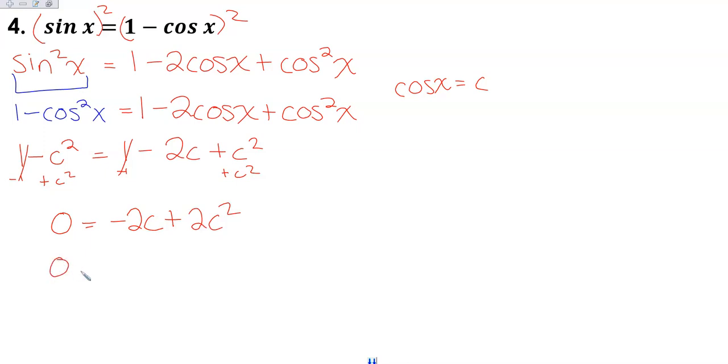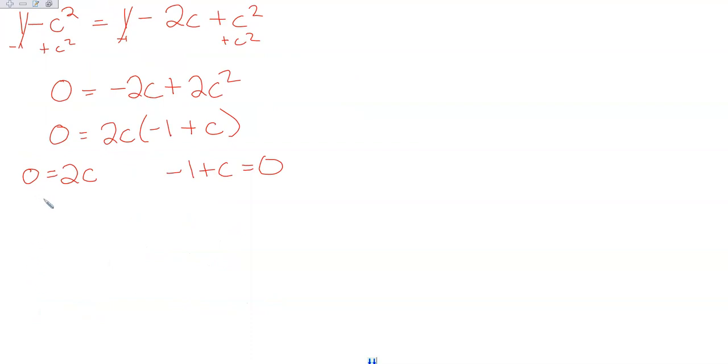All right, from here, we are going to factor out a 2c. So this is going to give me negative 1 plus c. And I'm going to set each one equal to 0. So I'm going to get 0 equals 2c, and negative 1 plus c equals 0 as well. All right, divide both sides by 2. If I take this back to cosine, I'm going to get the cosine of x is equal to 0.